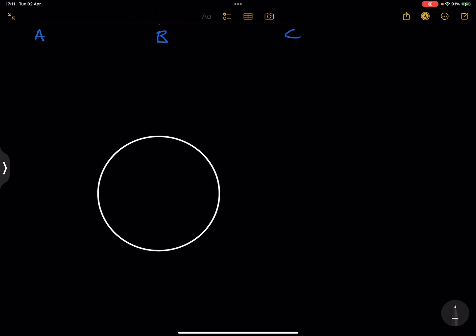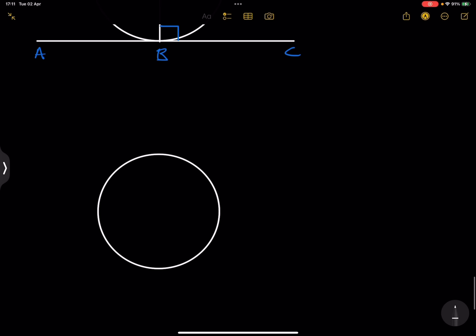So if we get, again, we can take a line that is a tangent. This one simply says that if I have tangents that are drawn from the same point outside the circle, those tangents would be equal.